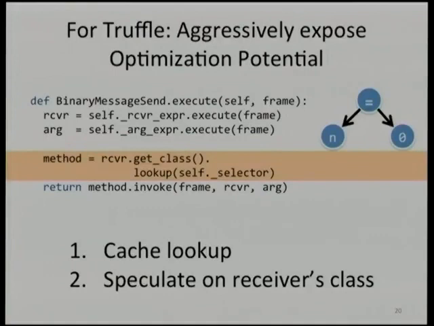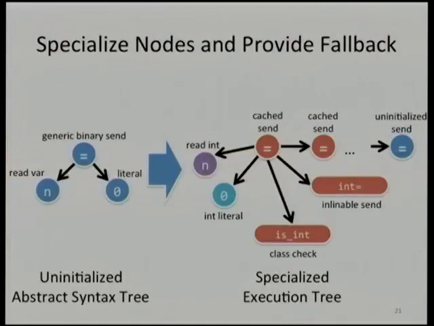So especially in Smalltalk, where you have to walk dynamically the inheritance chain to find the method that corresponds to the selector, that's a pretty expensive operation. So I'm only sketching how that works here, especially with the time constraint.